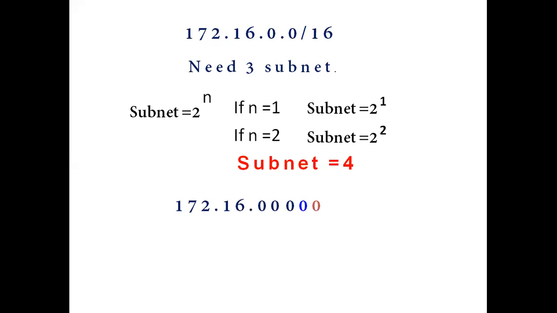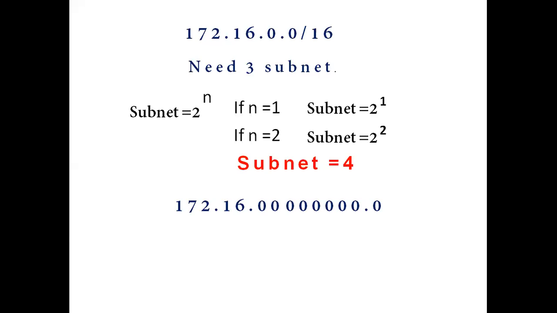So this is my network, that is 172.16.0.0. If you want to do subnetting in class C, you should modify the 4th octet. But if you want to do subnetting of class B, you should modify the 3rd octet. So here 172.16.0.0.